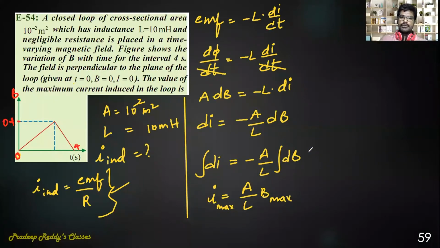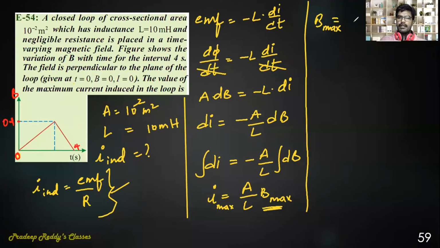You are supposed to calculate the value of maximum induced current in the loop, so I will be maximum only if B is maximum. What is the maximum value of magnetic field? B maximum will be equal to 0.1 Tesla.